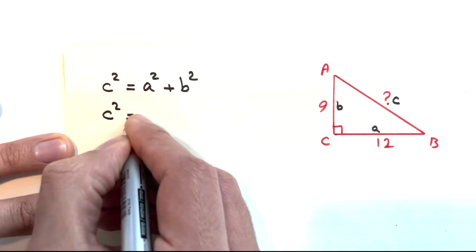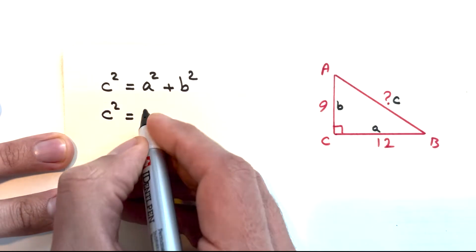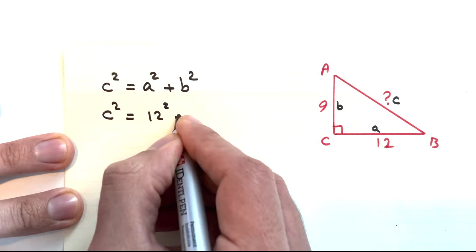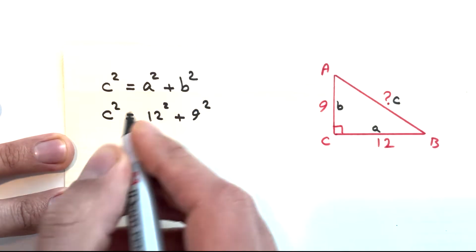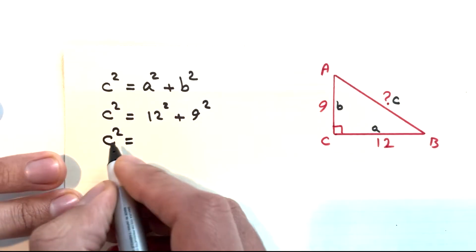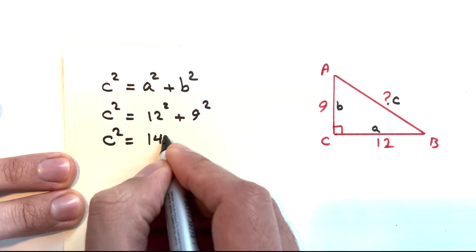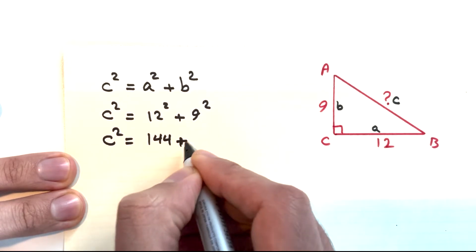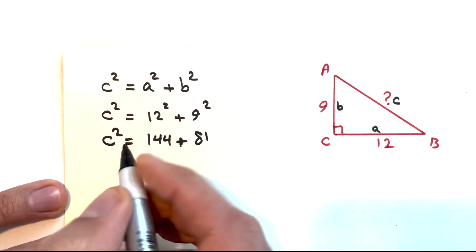So c square is equal to 12 square plus 9 square, which means c square is equal to 144 plus 81.